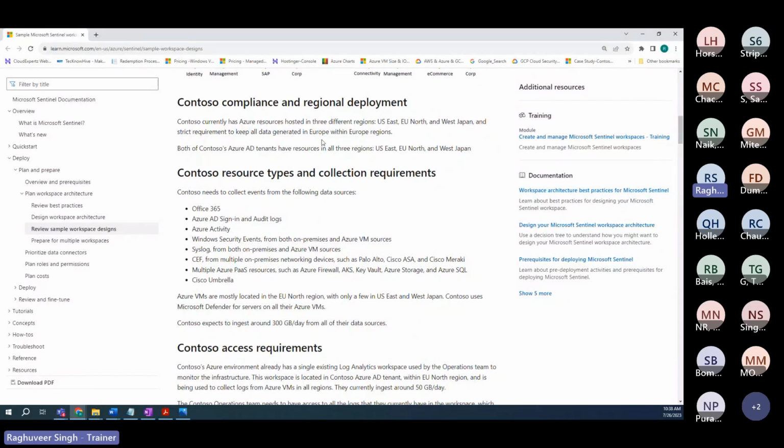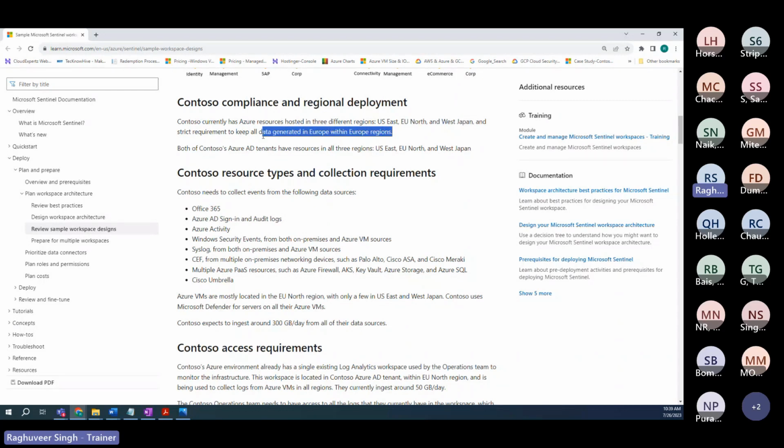So it also makes it more complicated by saying that we have compliance requirements. It says Contoso currently has Azure resources in 3 different regions: Europe, Japan, and the US, that is, US, Europe, and Asia Pacific, West Japan, and strict requirements to keep all data generated in Europe within the European regions.